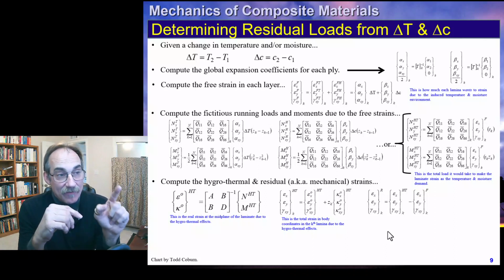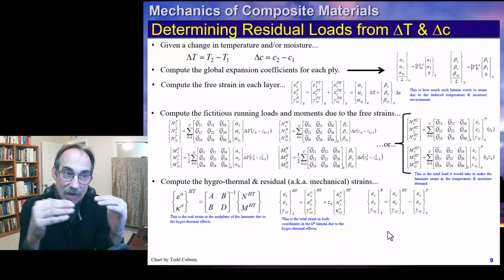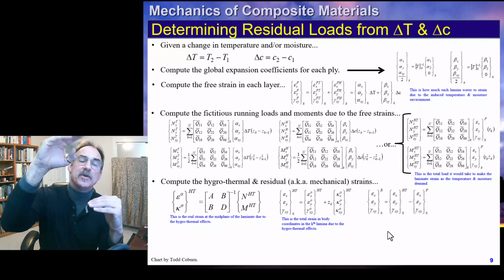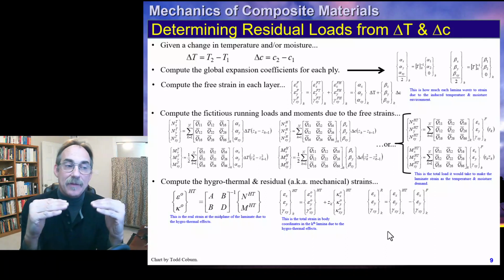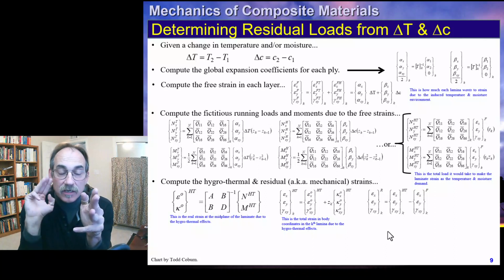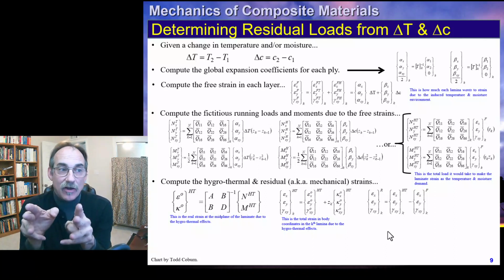So now we have, for every ply, a set of strains at the midplane of that ply. And now what we're going to do is go back to our earlier calculation. We're going to grab the free strains for the same ply. So when we look at ply 1, we're going to take these hydrothermal strains and subtract its free strains that we calculated earlier.